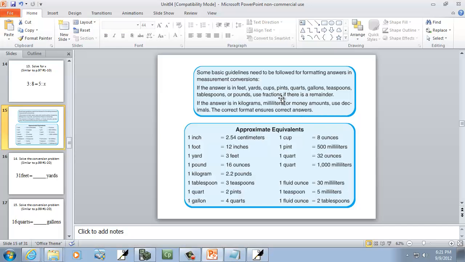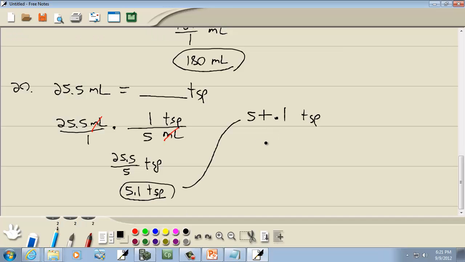And it says use fractions if there's a remainder. Well, this ends in the tenths place, so that's like 1 over 10 teaspoons. So 5 and 1/10 teaspoon. The plus there automatically becomes a mixed number. So again, it's whatever form they're kind of looking for if you're going into the nursing program.